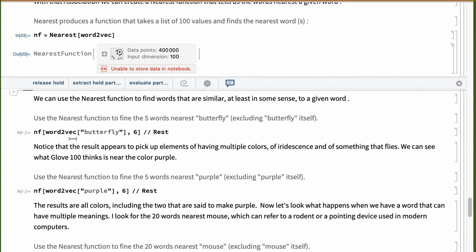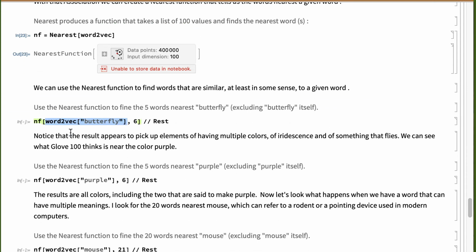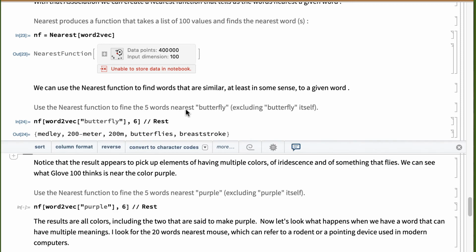And now let's take the word butterfly, and we'll apply our nearest function to it. We'll get the 5 nearest words. If I'm asking for the 5 nearest, why do I put 6? Because the nearest word to the word butterfly is butterfly, so I'm not really interested in that. And that's what the rest is for, to get everything but the first element. And very interesting, it thinks I was talking about swimming.